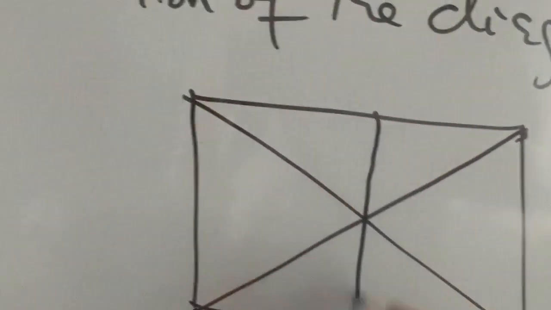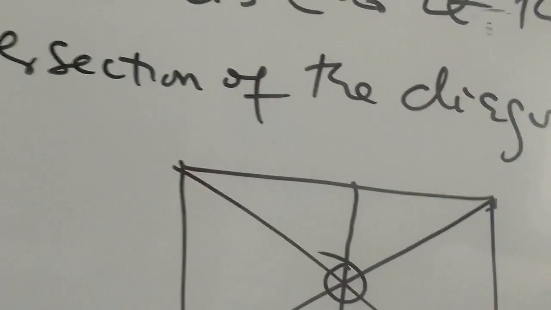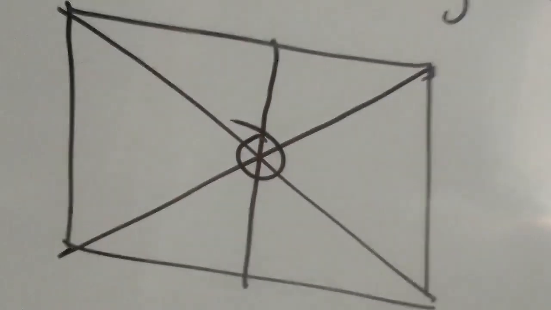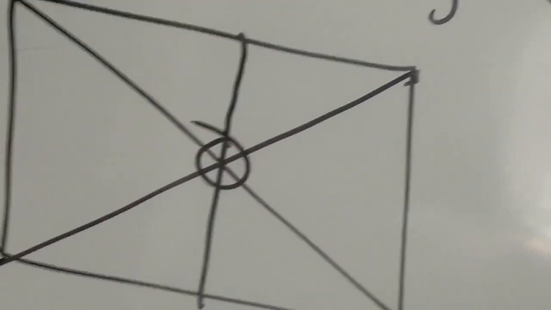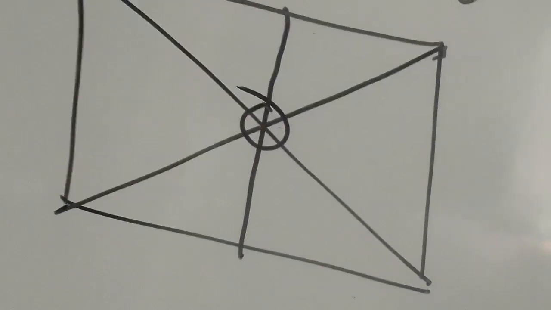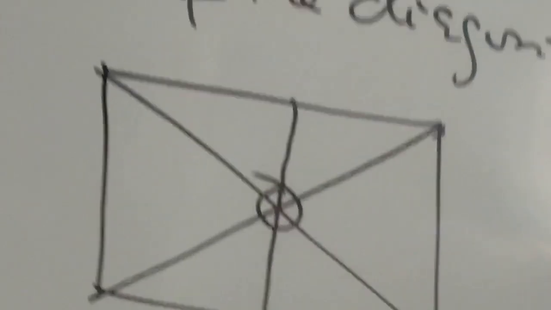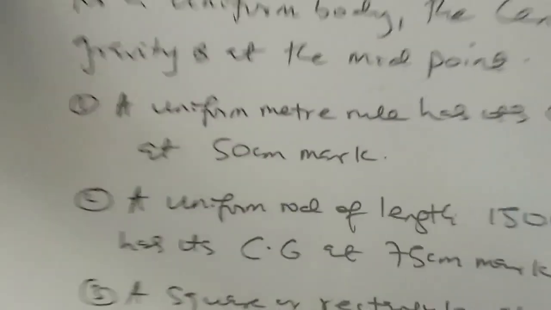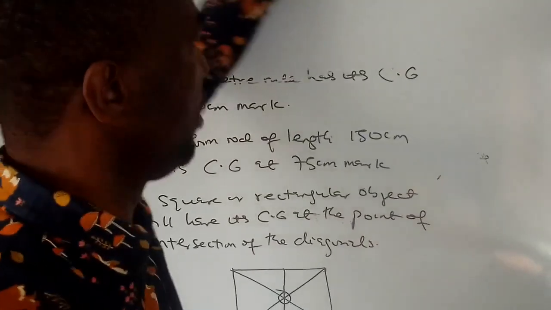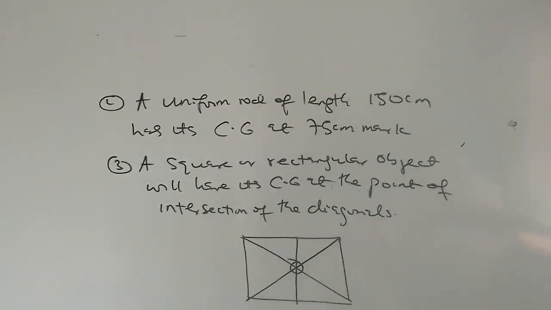That point where the diagonals intersect becomes the center of gravity. The same thing applies to a square object. The center of gravity will lie at the point of intersection of the diagonals. For a circular object, the center of gravity will be at the midpoint, at the center of the circle. But if the object is not a uniform body, the center of gravity has to be determined by experiment. So it will no longer be at the midpoint. So these are important points we should note when we are talking about mechanics or calculations in moment.